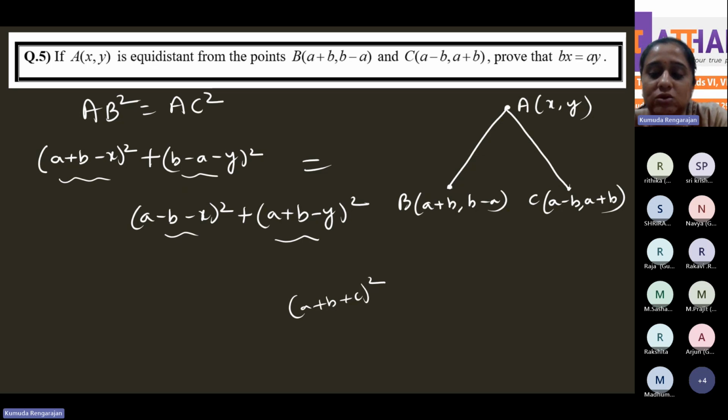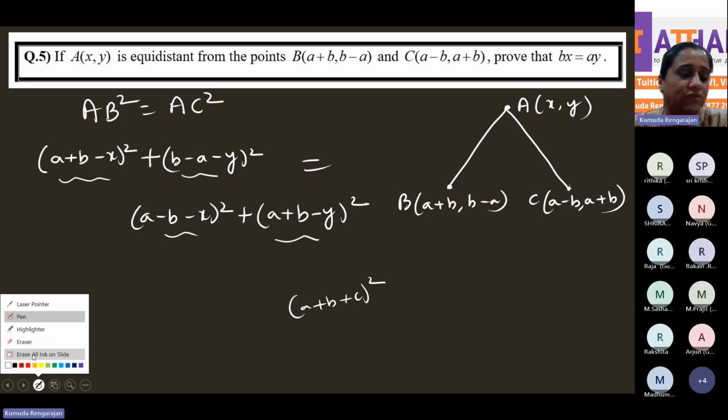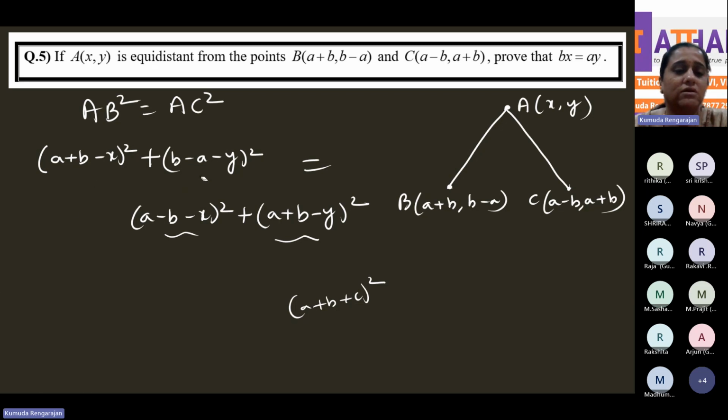It's A square plus B square plus C square plus twice AB plus BC plus CA. Correct. So when you expand that, you have 6 terms: A square plus B square plus C square plus 2AB plus 2BC plus 2CA. Now, this is going to take time. It's not difficult, but it's time consuming.